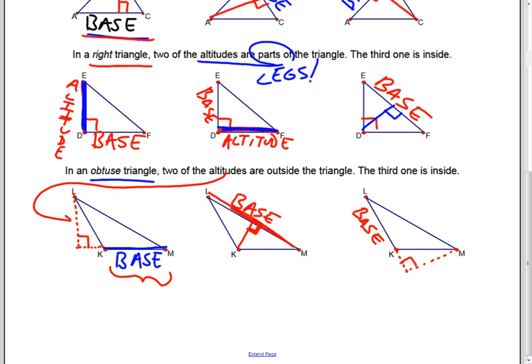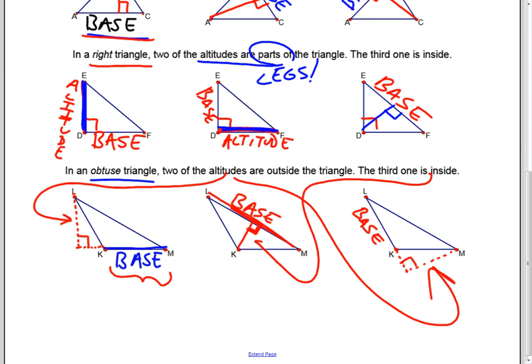We've got altitudes that are on the outside of the figure, and then we've got one that's inside the figure. Once again, what you want to be the base depends on what information is handed to you in whatever problem you're doing. If you've got this information, this distance, then you're going to want to make that the base. If you've got this information inside the figure, you might want to make this the base. This will make a little more sense when we get to chapters 11 and 12.